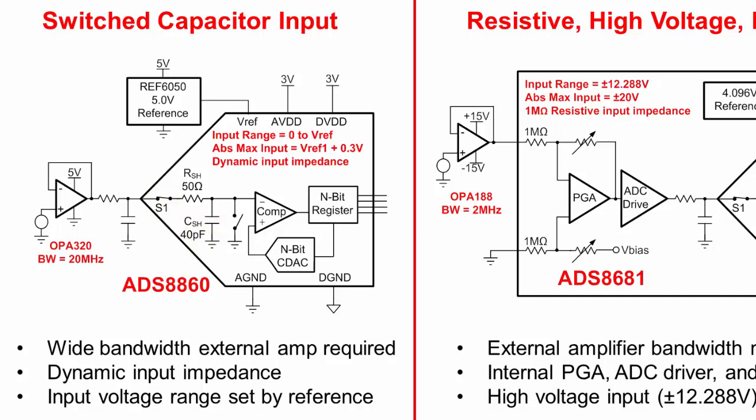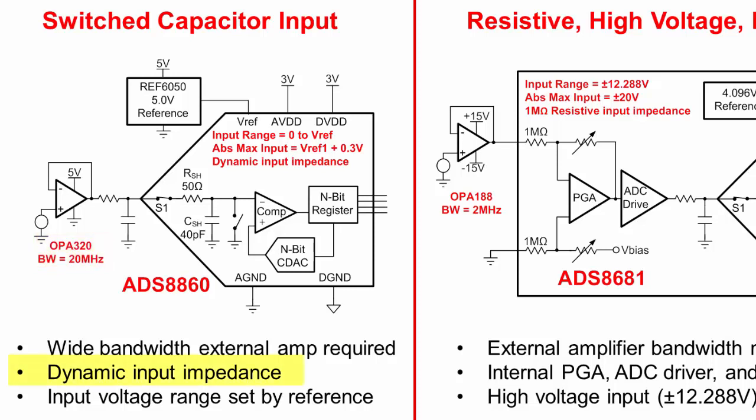Normally, the time that the sample and hold switch is closed is very short, for example 300 nanoseconds. Normally, an external wide bandwidth amplifier is required to allow the input signal to settle to the appropriate accuracy within the acquisition period. In this example, a 20 MHz amplifier is required for good settling.